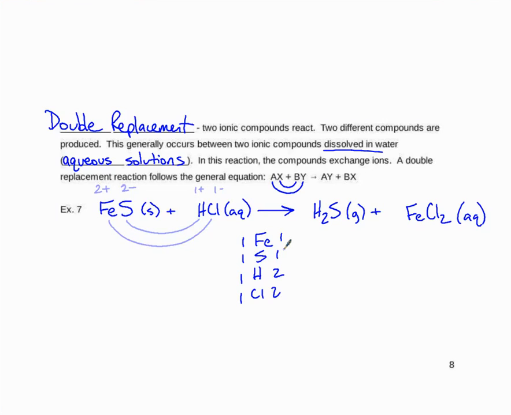And so it's the hydrogens and the chlorines that are unbalanced. And we want these to be 2s, which means we're going to add a coefficient of 2 right here. And when we double check it, 2 hydrogens, 2 chlorines, 1 iron, 1 sulfur, everything else checks out.